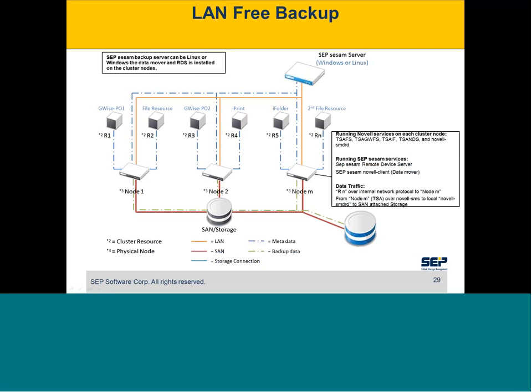This here is all accomplished because we're moving our data movers directly onto the nodes for the cluster. So the data mover itself can show up, and we can add a remote device server, so this actually looks like storage to the subsystem server, and the subsystem server can see that storage. We can configure the backup and have the backup run directly over to that.